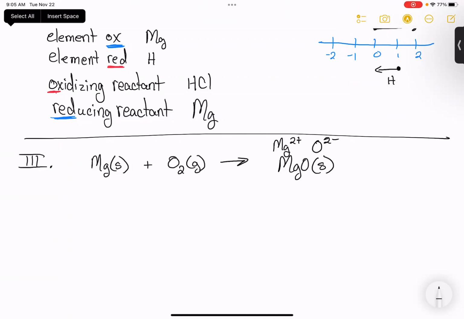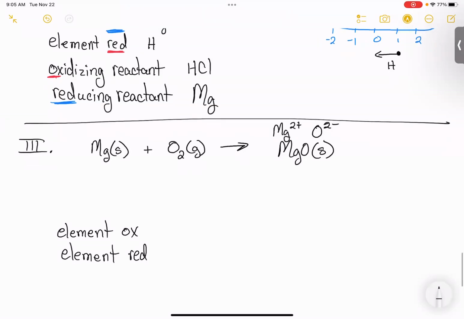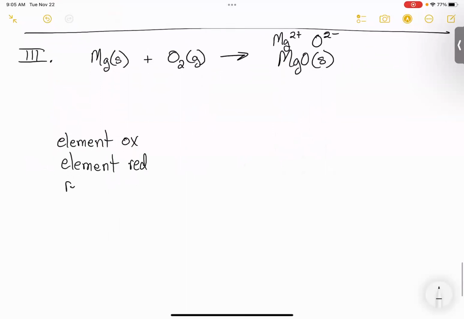Okay, so our next step is what? You were asked for the element oxidized, the element reduced, the reducing reactant, and the oxidizing reactant.